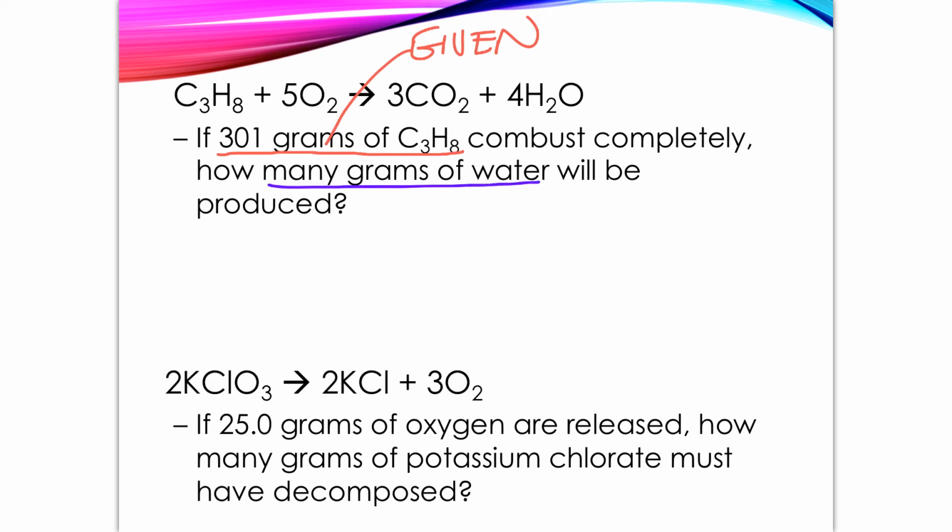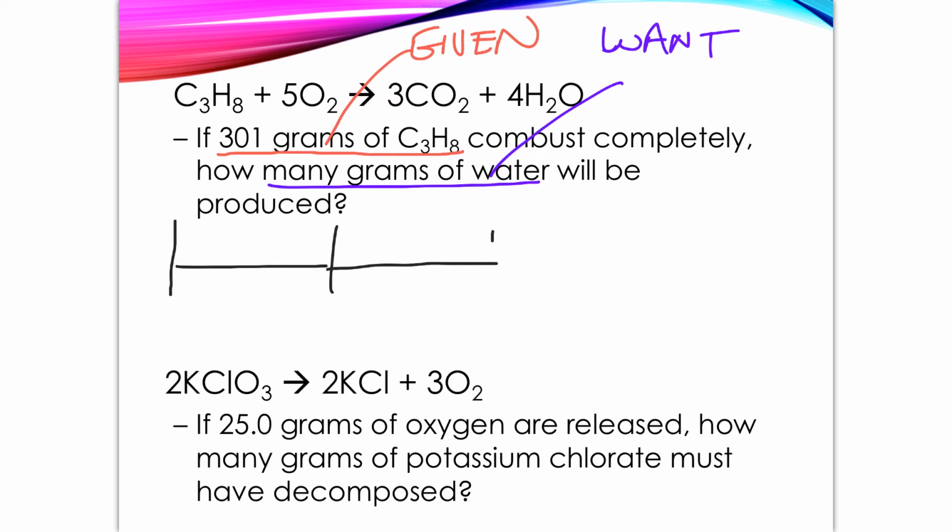How many grams of water? So that's my want. So far, so good. Now we're going to set up our picket fence, our factor label method. So we need 4 sections: 1, 2, 3, 4. And remember, what goes in the first box is always the given.